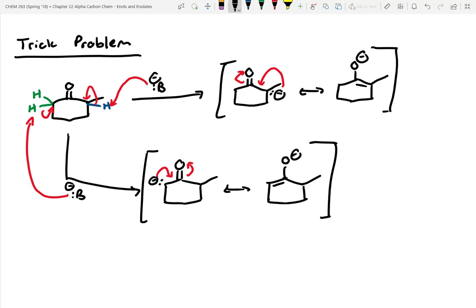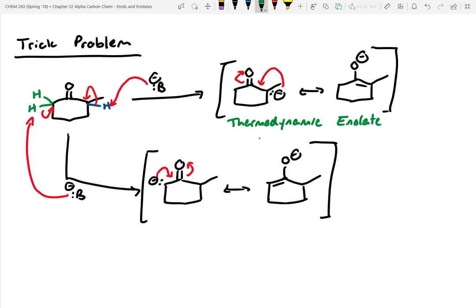What about the alkenes, though, if we draw the other resonance structure? If we look at this alkene right here, you notice how it's tetrasubstituted. We know more substitution makes it more stable. So this enolate is the thermodynamic enolate.